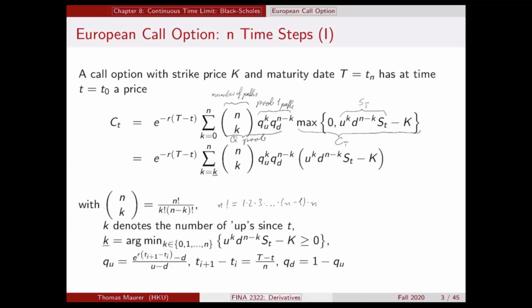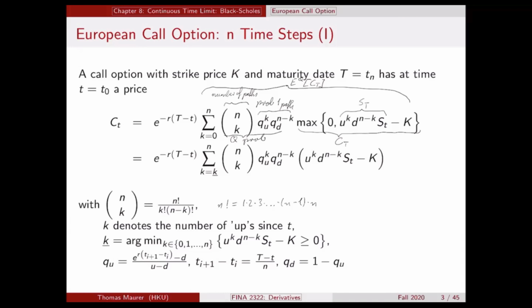So that probability-weighted sum of all the payoffs of the call option is the expected payoff at the maturity date of that option. We just have to discount that back by the risk-free rate from the maturity date back to time t. So that's the formula which you have seen at the end of chapter 7 already.